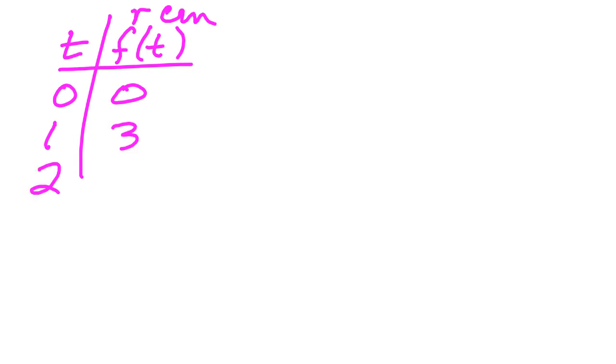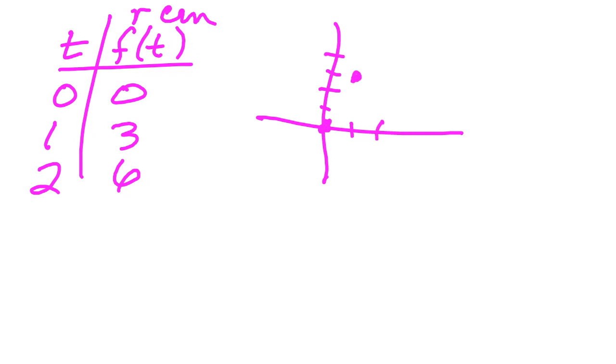If I blow it up for another second, what would my radius be? It's increasing at 3 centimeters per second, so that would be 6, right? Well, if you notice, I could draw a little graph: 0, 0 is on my graph, over 1 up 3 is on my graph, over 2 up 6 is on my graph.